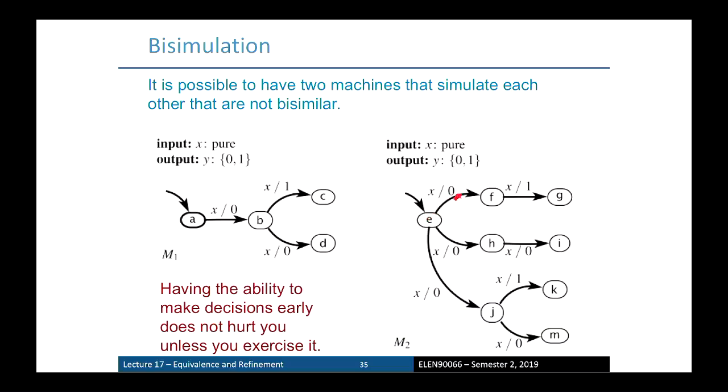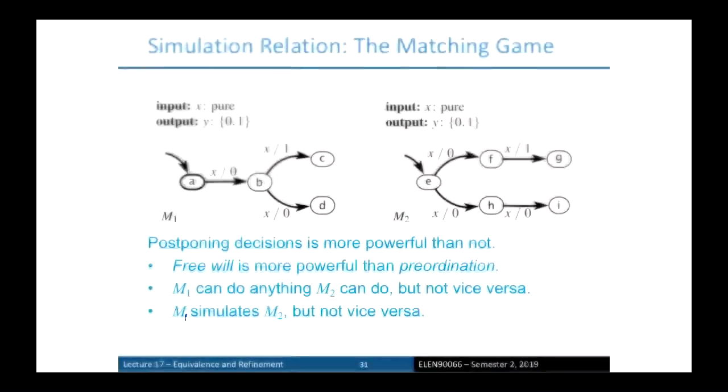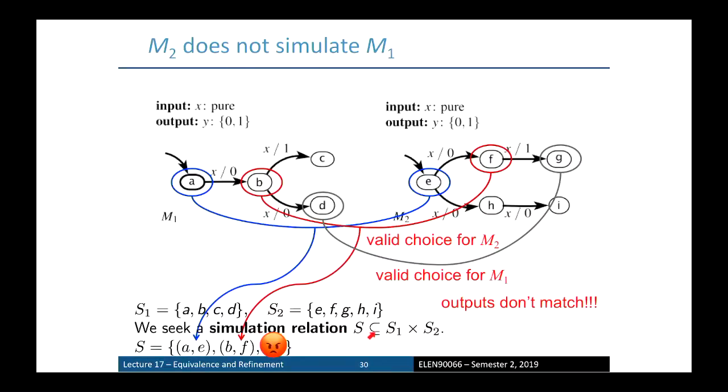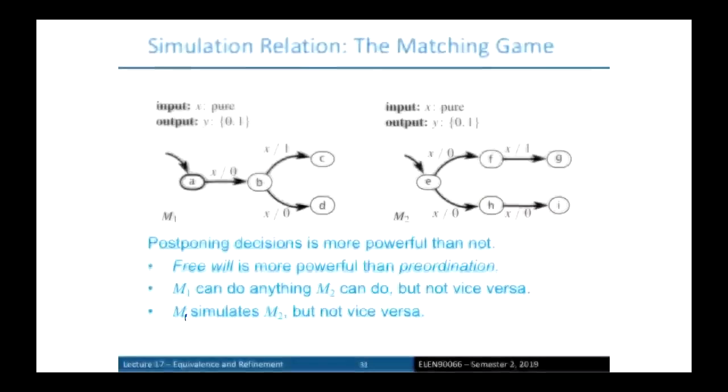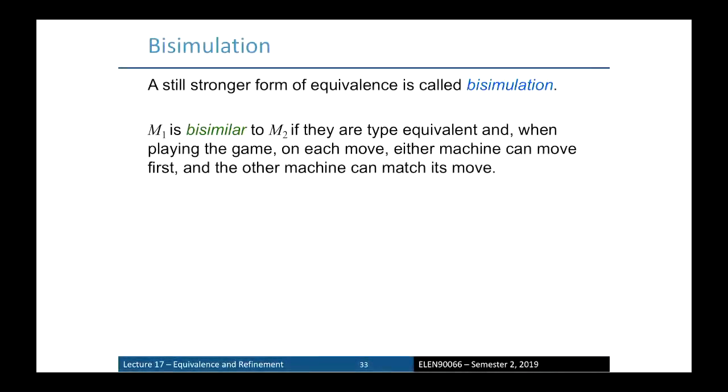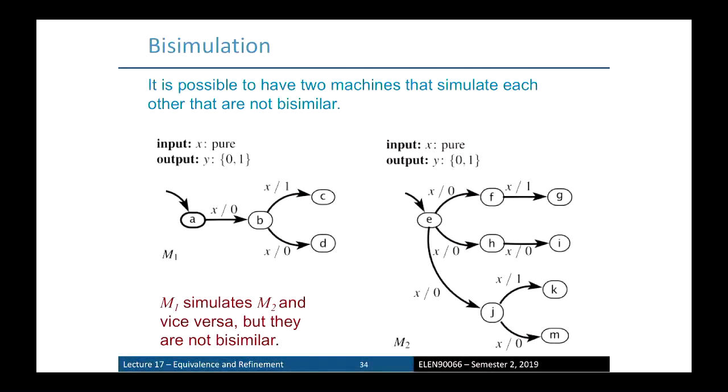This machine has decisions to go early, and then only one decision for these two branches, whereas this one has two decisions here. I want you to go through and play with this and try to come up with a simulation relation, and see if the output is okay. This is only a pure output, so you're just checking ones and zeros.